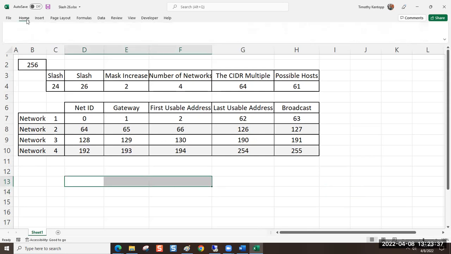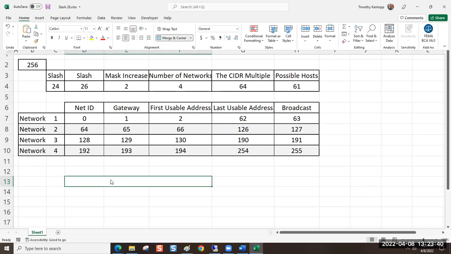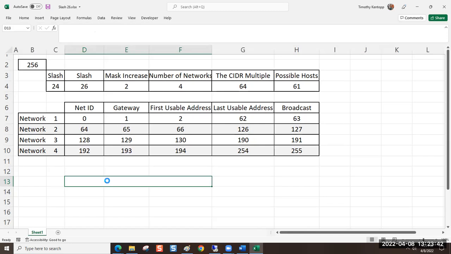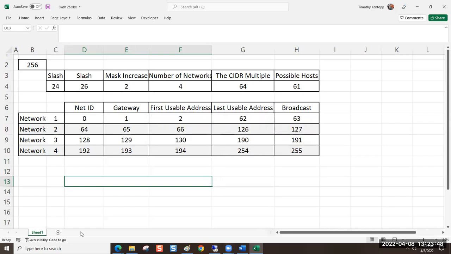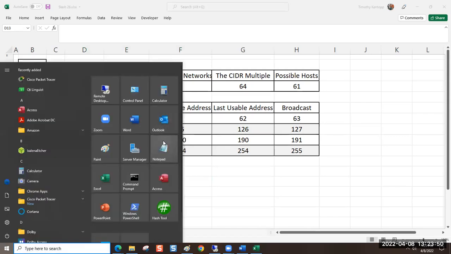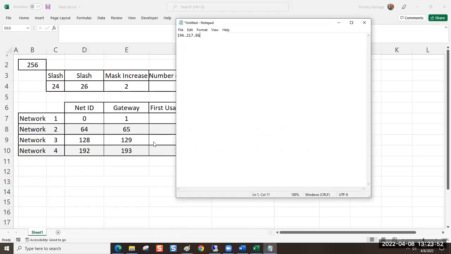Well, okay, let's do it this way. It's being stubborn. I think because we have the dot, it's trying to put in 2 sets of decimals, and we're doing this in an Excel spreadsheet.